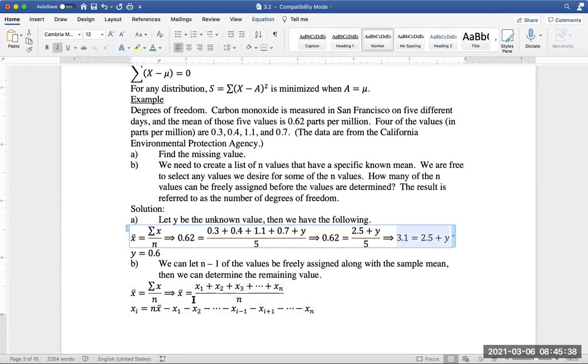And then let's bring this value to the other side, which was the sum of the remaining n minus 1 values. Say x sub i is one of them I want to determine. So x sub i is equal to n times the sample mean minus x1 minus x2, minus x sub i minus 1, minus x sub i plus 1, minus x sub n. So I've determined the value of x sub i using all this other data.